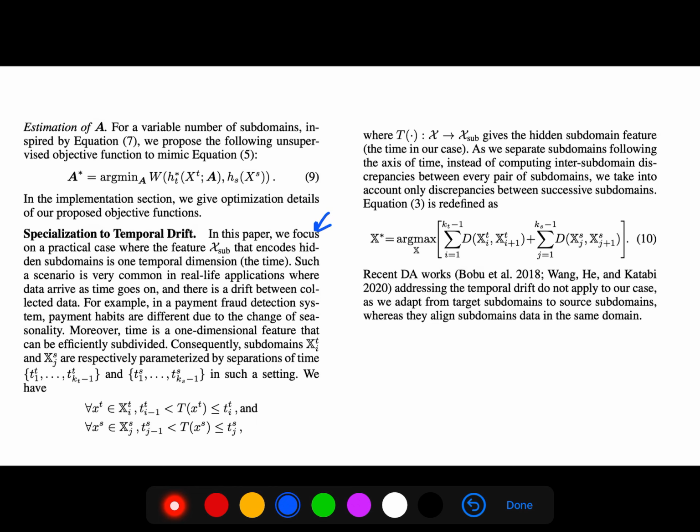For example, in a payment fraud detection system, payment habits are different due to change of seasonality. Moreover, time is a 1D feature that can be efficiently subdivided. So we take into account the discrepancy between successive subdomains.